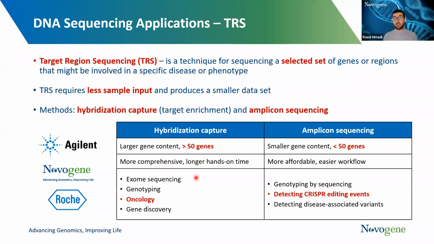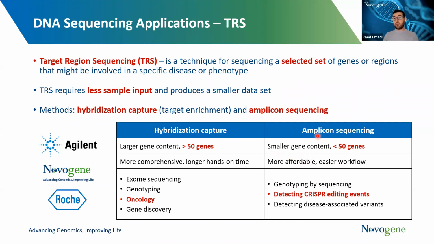There are several applications and several fields that can benefit from the hybridization capture approach, especially for exome sequencing, genotyping, oncology, and gene discovery. On the other hand, amplicon sequencing is used when we have a smaller gene content analysis, less than 50 genes. It is more affordable and has an easier workflow compared to hybridization capture.